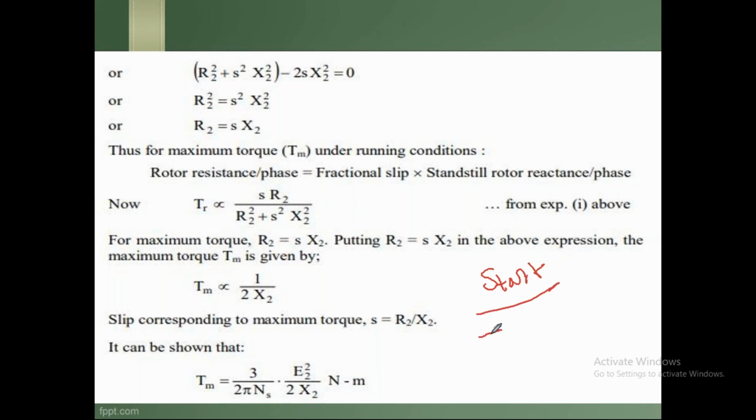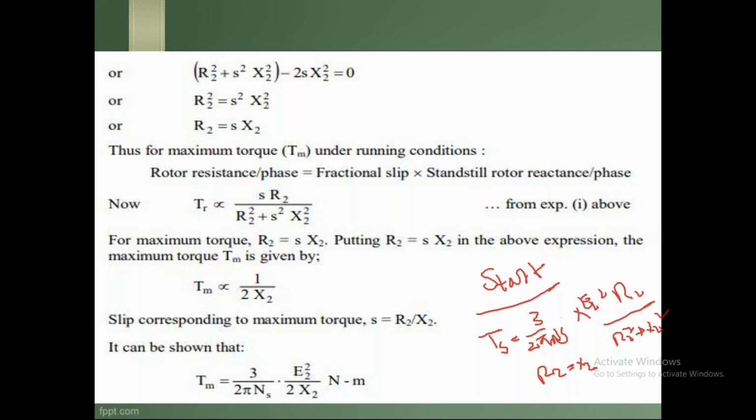At starting condition, the starting torque Ts is equal to 3 divided by 2 pi ns into E2 square R2 divided by R2 square plus X2 square. This is the starting torque equation, and the condition for maximum starting torque is R2 equals X2.